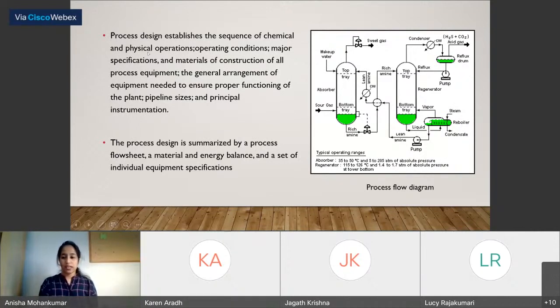A process design takes up both chemical and physical operations. The major considerations are the material of construction, as I said, the arrangement of equipment needed to ensure proper functioning, the pipeline sizes, and the principal instrumentation.